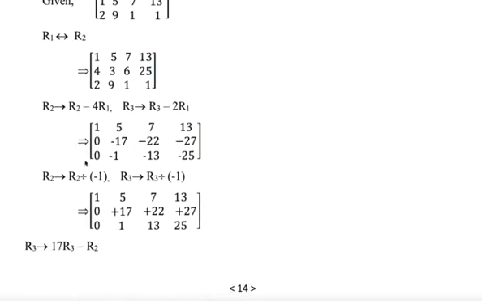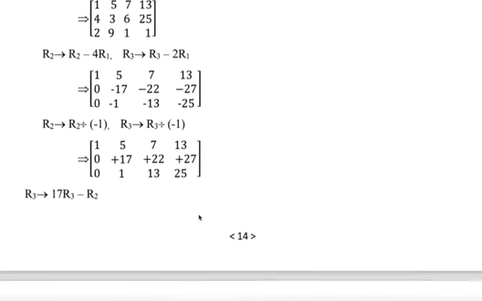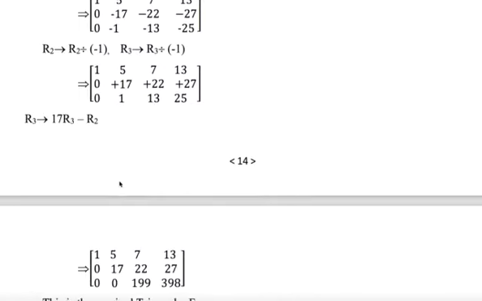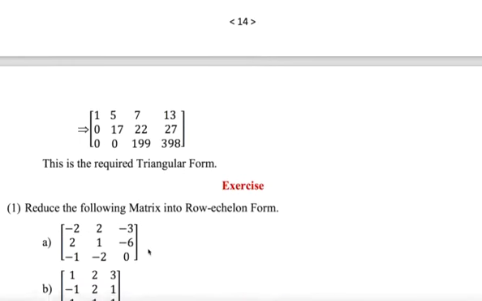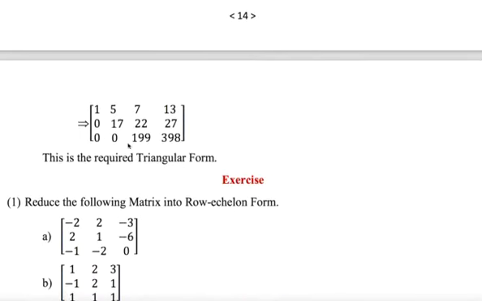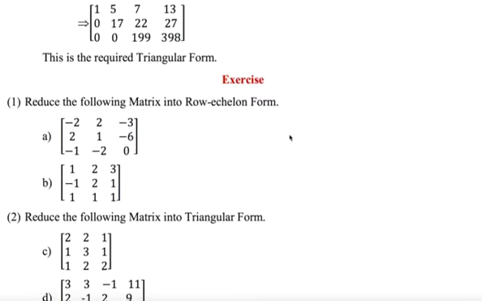Now R2 by minus 1 and R3 by minus 1, because all the elements are negative. Make them positive first. Then 17R3 minus R2 to make this element 0. So this is what you obtain. This is the required form, because this matrix has 3 rows and 4 columns.